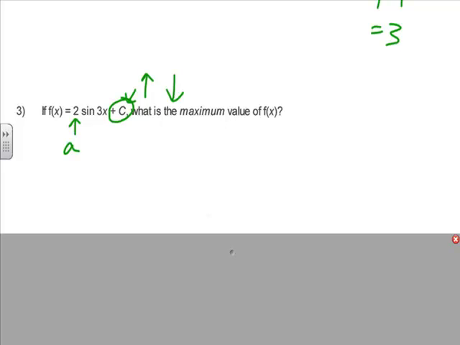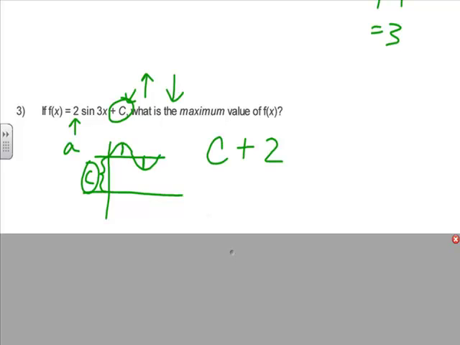So the maximum value is going to be however much this thing gets moved up. If its center line starts up here, call this C, and then it does its thing, here's my A. So the maximum value is going to be C plus 2. I'm going to start from this center point and go up.